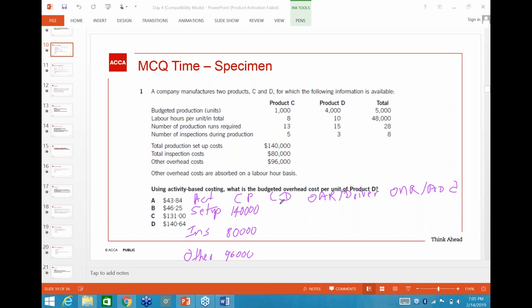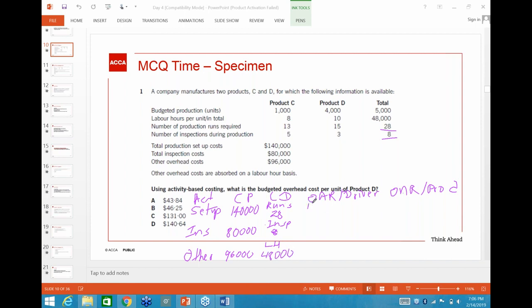The cost driver is production runs, 28 given in the question; inspections, the number of inspections, 8 given in the question. Other costs are based on labor hours, 48,000 given in the question.